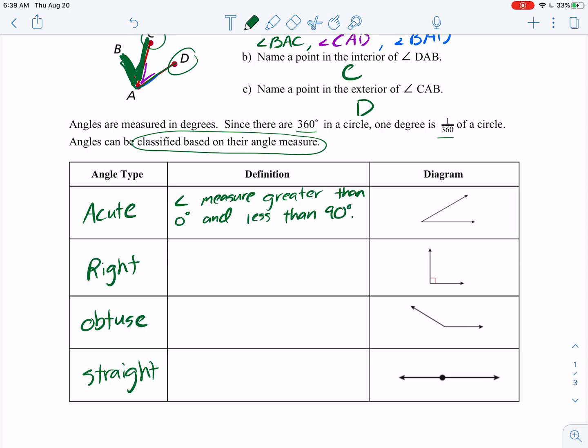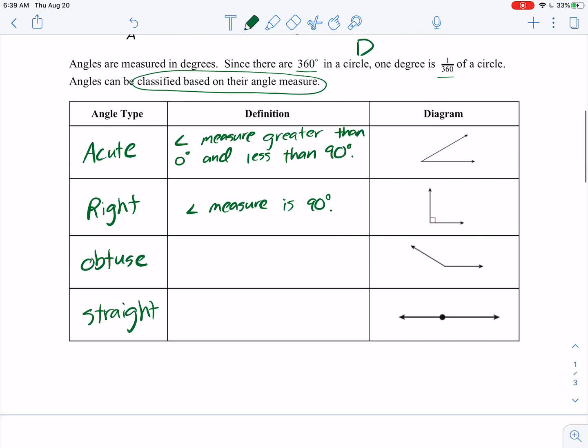A right angle is when the angle measure is 90 degrees. If I'm going too fast, just remind you guys, you can always pause the video and give yourself time to catch up. An obtuse angle, an angle measure greater than 90 degrees and less than 180.